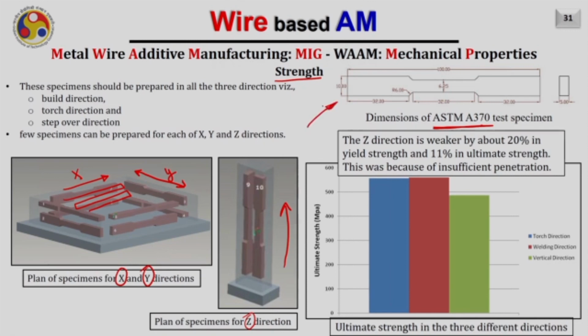Once we prepare this sample, we can perform the tensile test and obtain the ultimate strength. I am comparing the ultimate strength with the forged part also. It was found that in the Z direction, the parts are 20% weaker in yield strength and 11% in ultimate strength, mostly because of insufficient penetration into the previously built substrate.